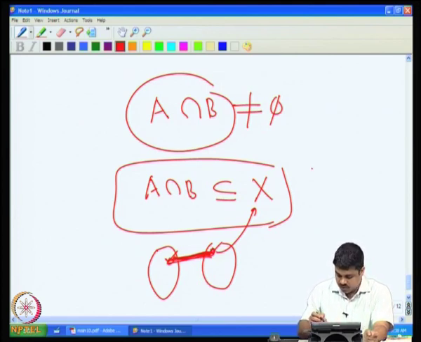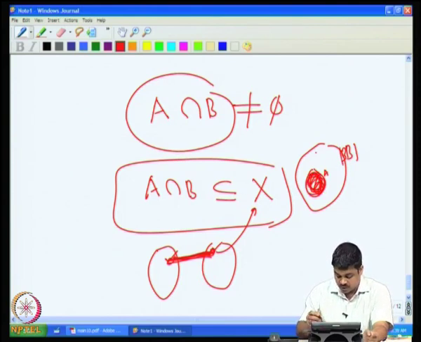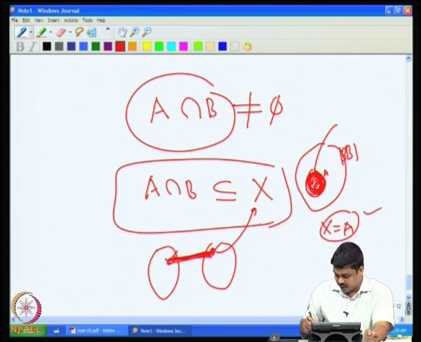So if, for instance, A is a subset of B, then all the vertices of A are the only possible collection of AB paths. To separate A from B, we have to take X equal to A itself, otherwise we will not be able to separate, right?